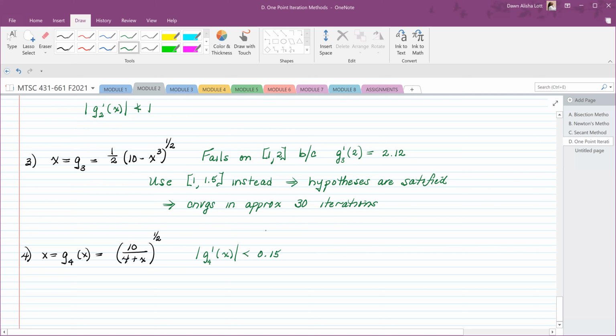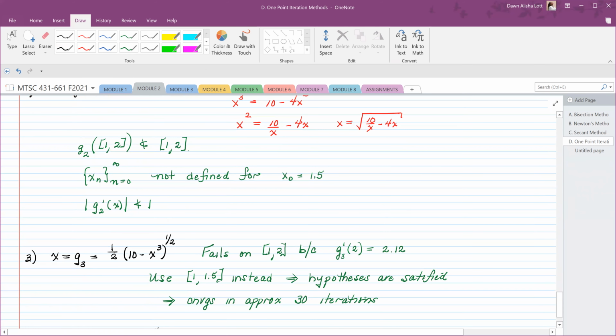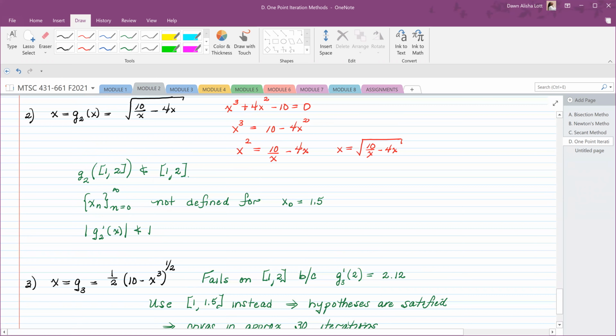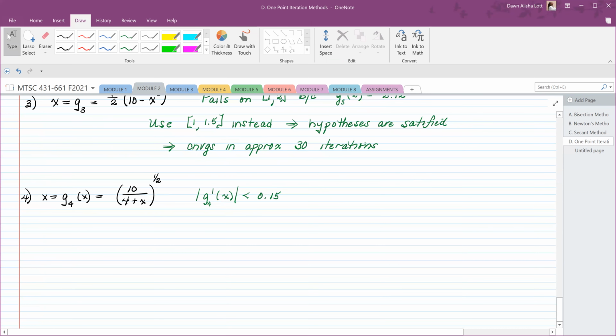So it's got a really small derivative. With that really small derivative, we get rapid convergence in approximately 15 iterations.